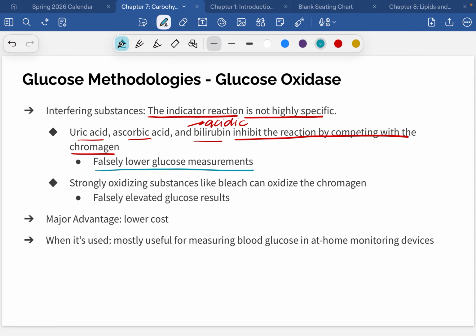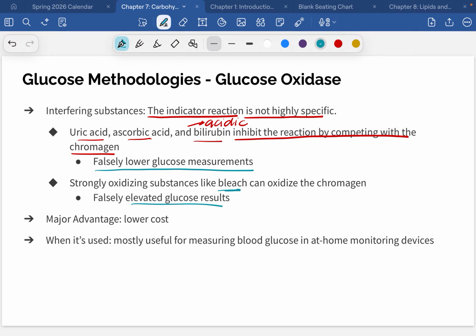On the other hand, strongly oxidizing substances, particularly like bleach, can oxidize that chromogen on their own and can falsely elevate glucose results. I'm not going to go into too many details there, but just anything that is a strongly oxidizing substance can oxidize the chromogen on its own.